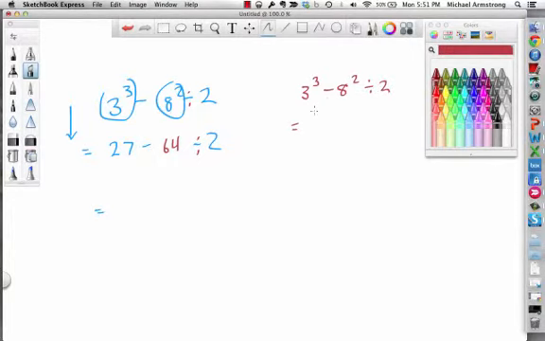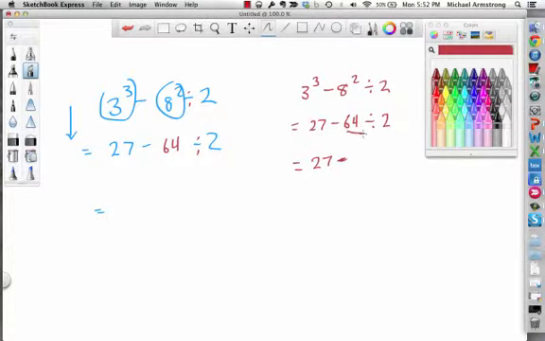Okay, we come down. 3 to the third power is 27. 8 to the second power is 64. Notice I've just left that minus sign in between. And I'm going to just come over and write the divided by 2, because I can't divide it by 2 till after I've written it. I got to make sure I keep track of my steps. 27 I'm going to leave alone because this is a subtraction problem.